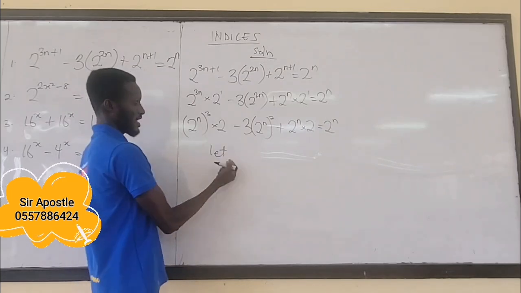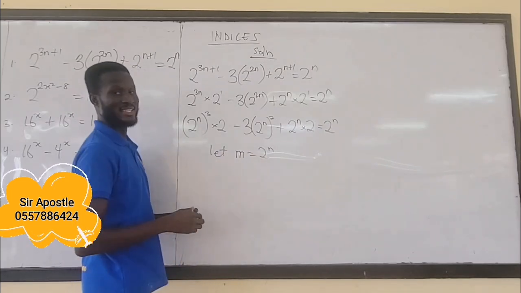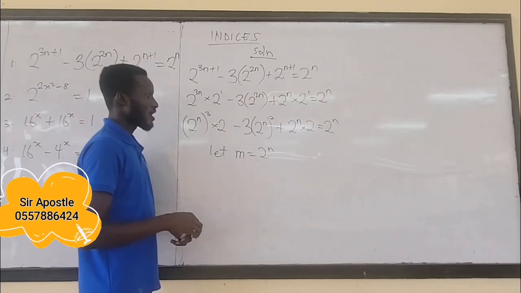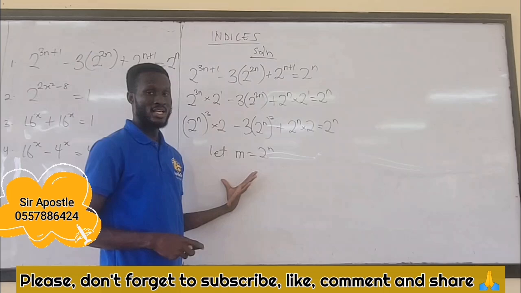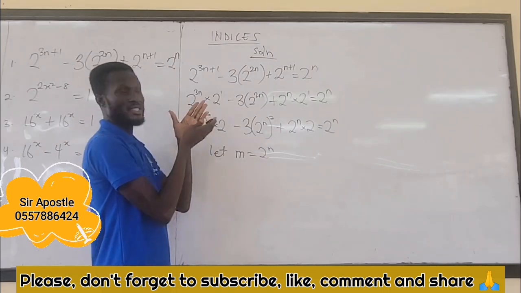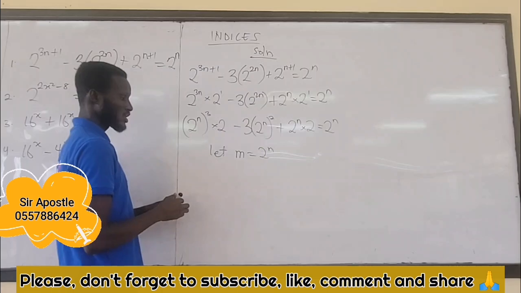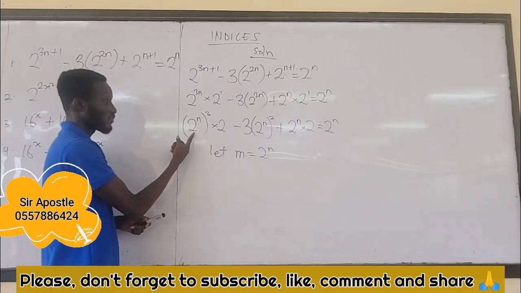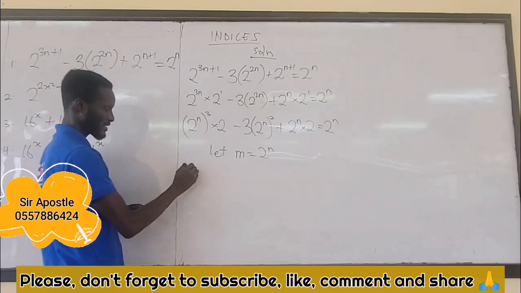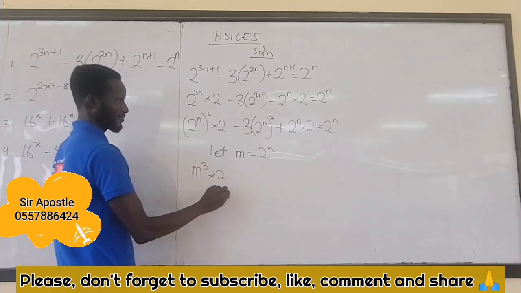So I have, let m be equal to 2 exponent n. It means where I see 2 exponent n, I'm going to replace it with m. You know this one is indices leading to quadratic equation, don't forget. So let's replace all of them with m. 2 exponent n is the same as m, so m exponent 3 will give us m cubed, multiplying 2 here.